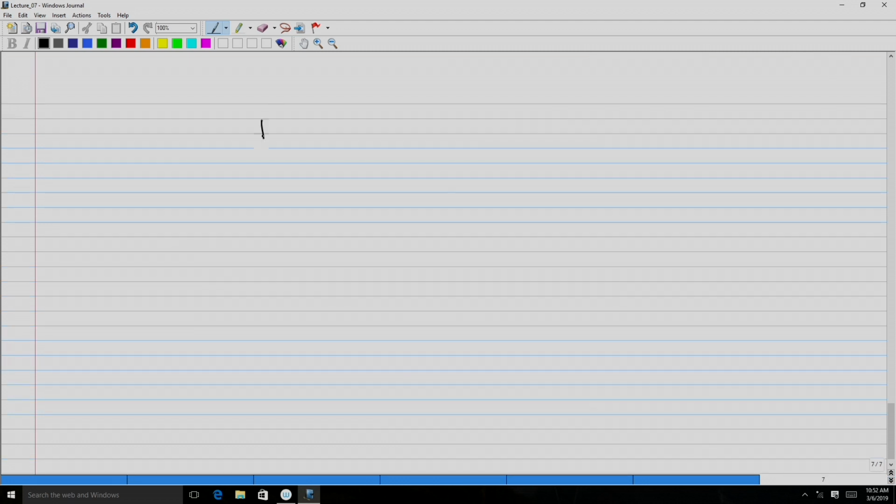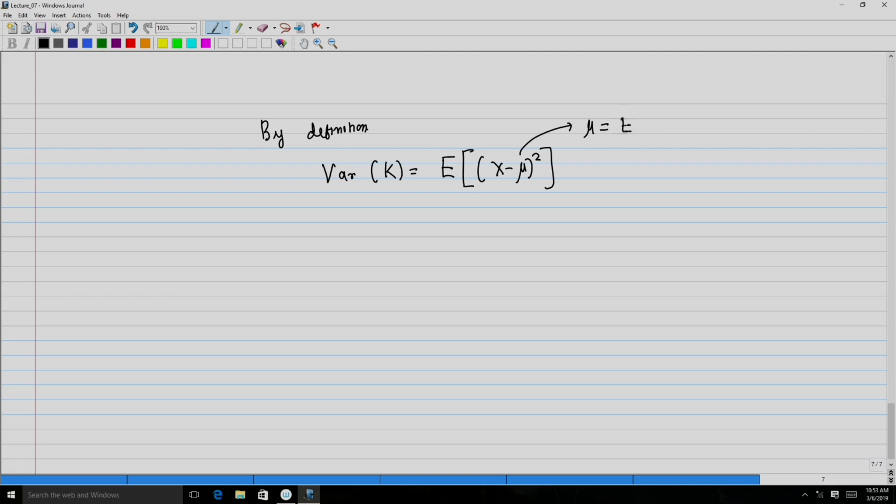By definition, variance of k is expected value of (x minus mu) square. Remember, mu was nothing but expected value of k.